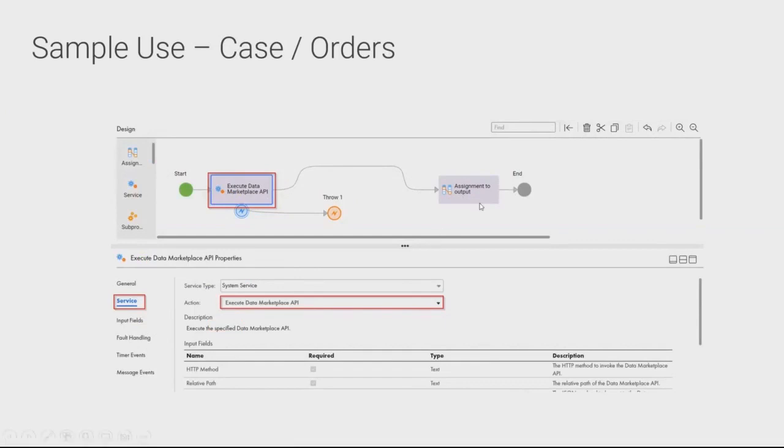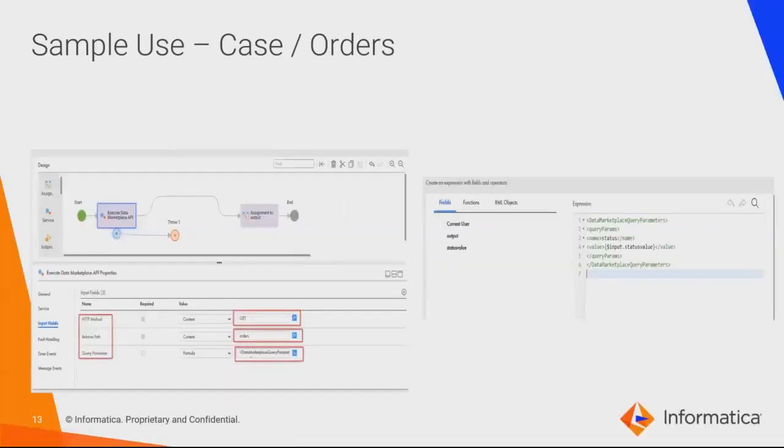Then there is the assignment to output. As you see here in the Execute Data Marketplace API, the input fields are kept. For input fields, HTTP method is get, relative path is orders, and query parameters are defined in the right-hand side screenshot, where you see that status is input dot status value.